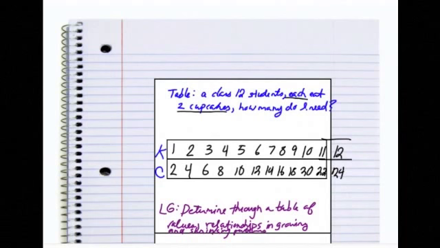And I'll just extend my lovely table here. So you always want to make sure you have a key when you're using symbols. So I want to remind myself that K is equal to kids and C is equal to cupcakes.